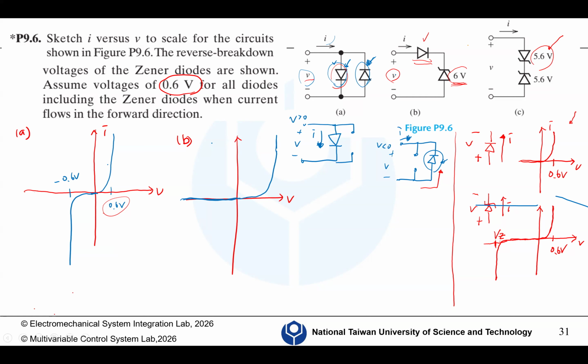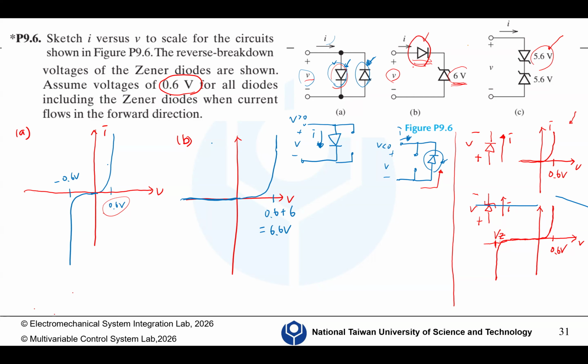If it's under reverse bias, it's always off, but you need to overcome not just the 0.6 knee voltage, you need to add the Zener voltage. The threshold for this diode to be on equals 6.6 volts.